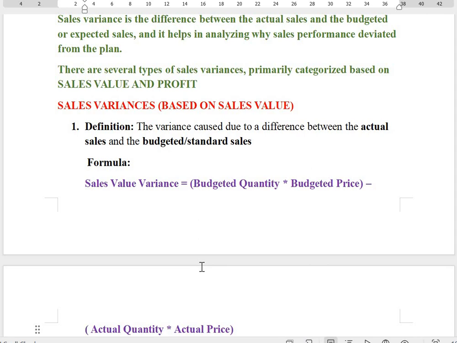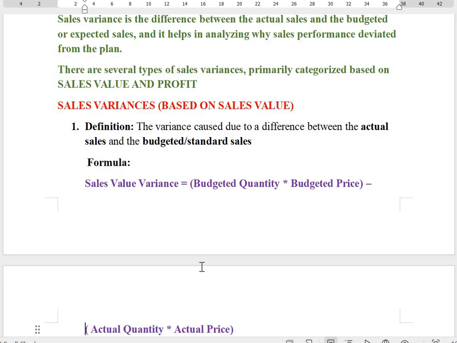Based on the sales value, the term sales variance means the variance or difference between the actual sales and the budgeted sales. What actual sales we have made and what estimated sales we had already fixed. By comparing these two, the difference is what we call sales variance based on value.